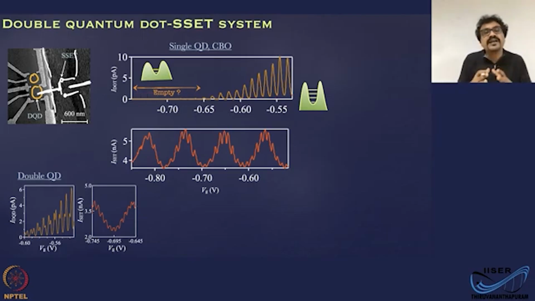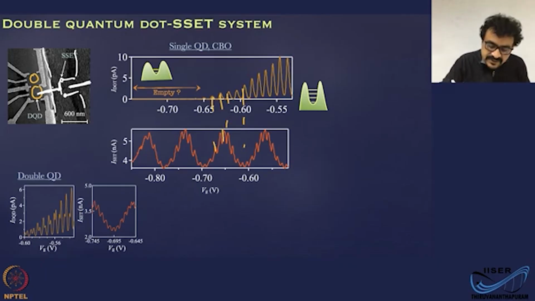So the transport gets weaker, the current gets very low, and it is almost immeasurable in this range. But you can see that the Coulomb blockade oscillation of the SET taken simultaneously with this data is showing all these charging events which correspond to the charging events of the dot. All these will have one-to-one correspondence.